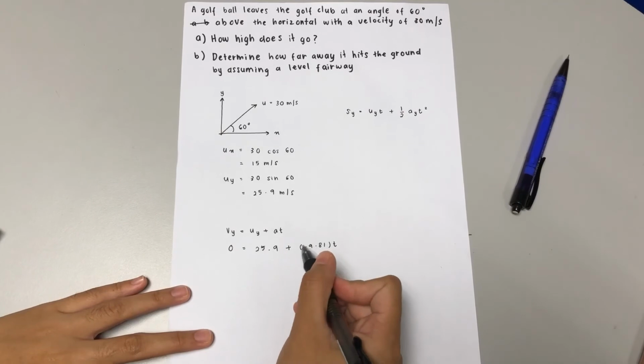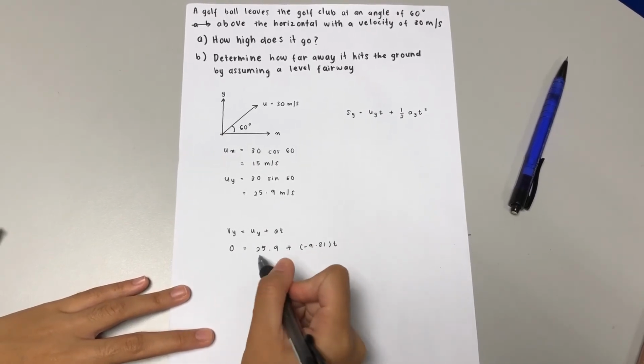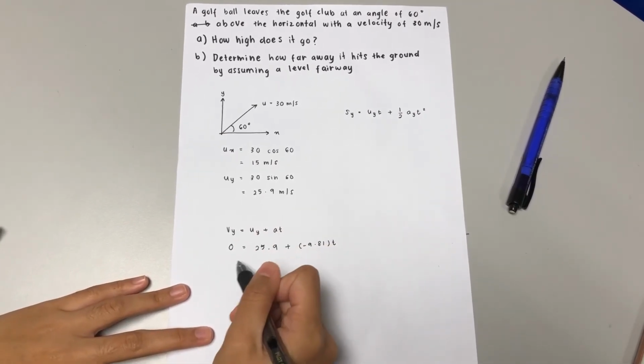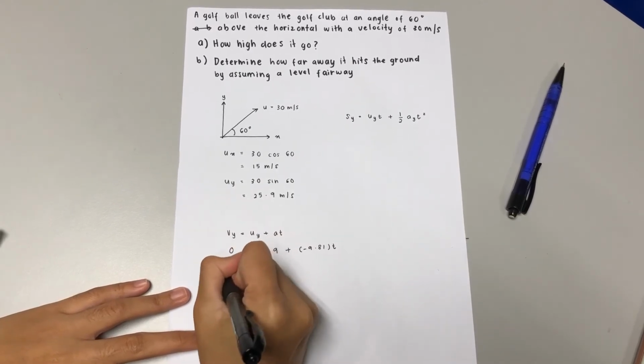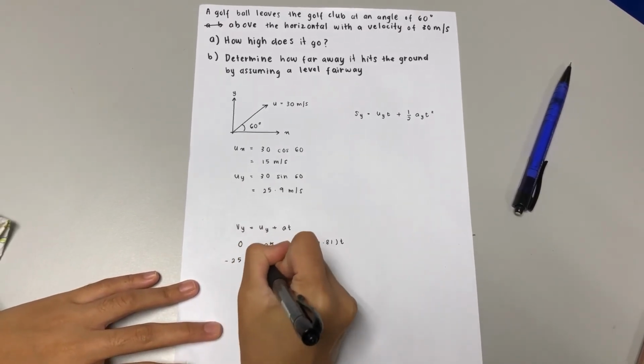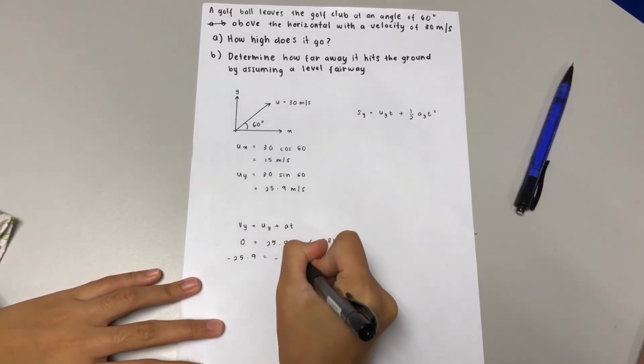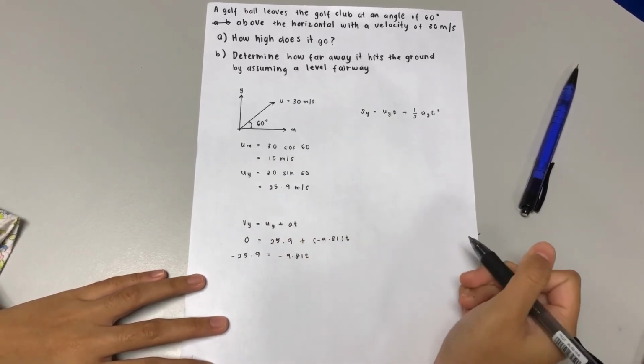So we move the value of uy to the left side, so it will be negative, equals negative 9.81 t.